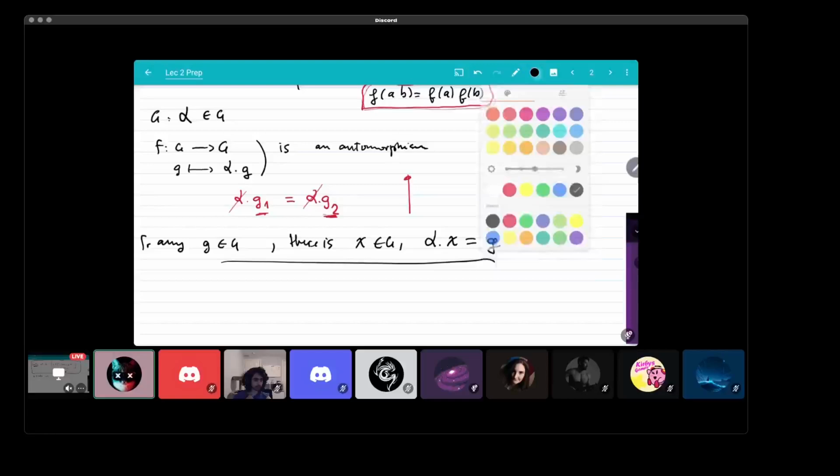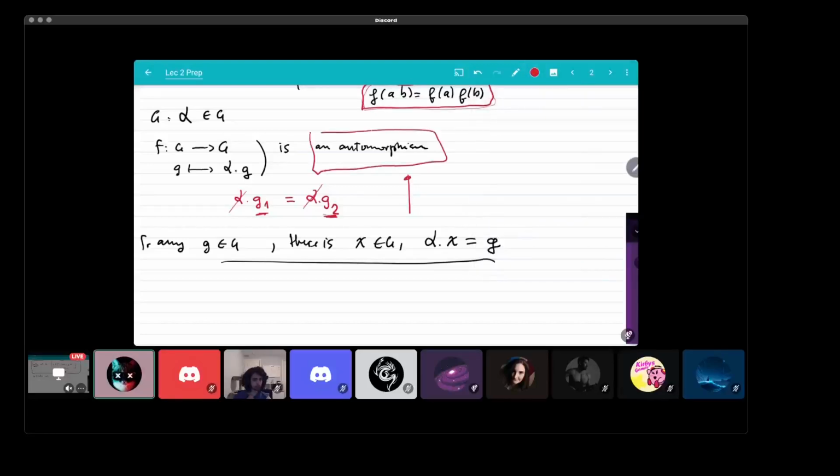So this is indeed an automorphism, and actually this is called an inner automorphism. Sorry, I think this one is translation. Oh, translation. Oh yeah, right. Thank you. This is translation by alpha.